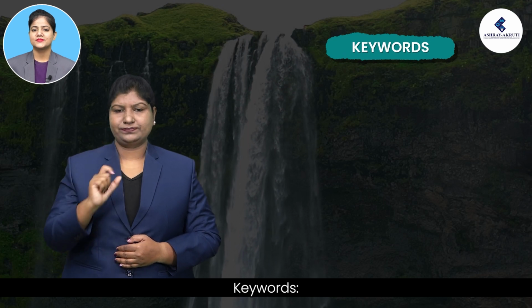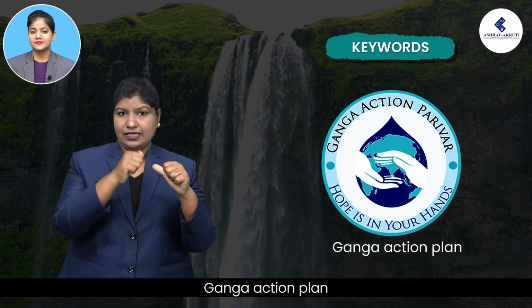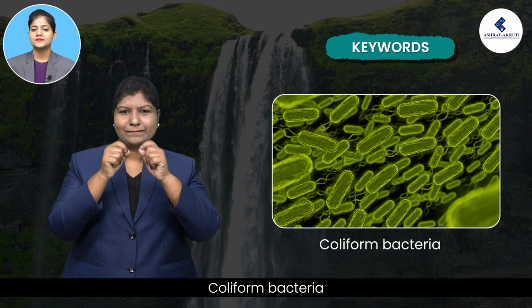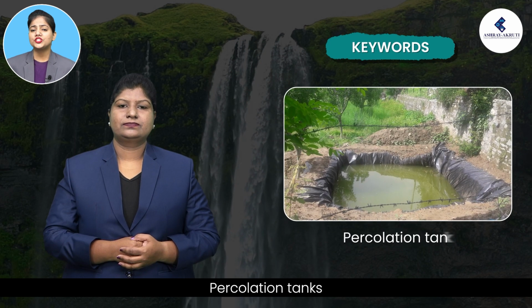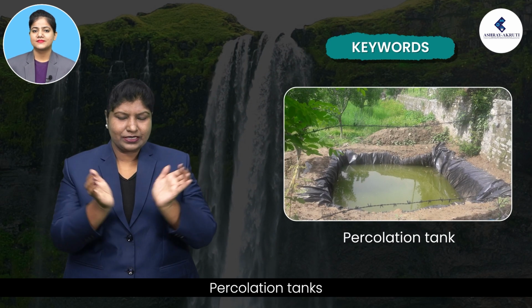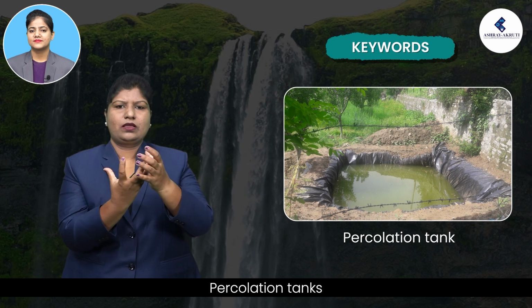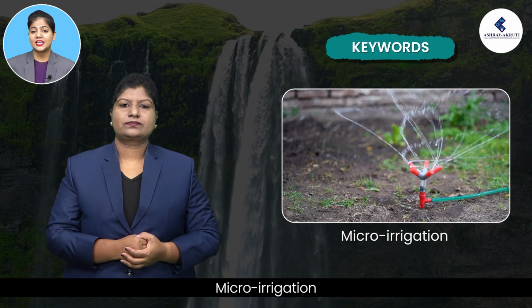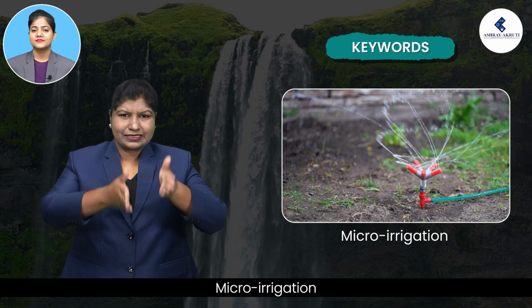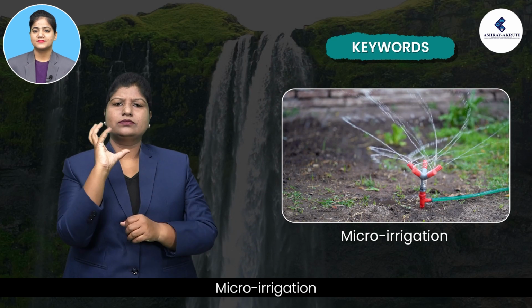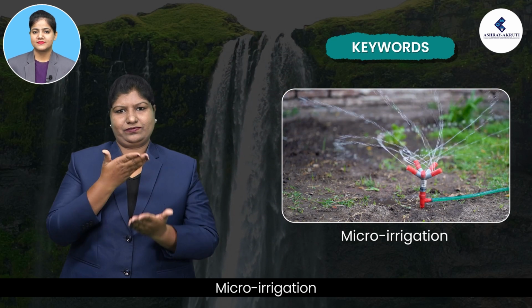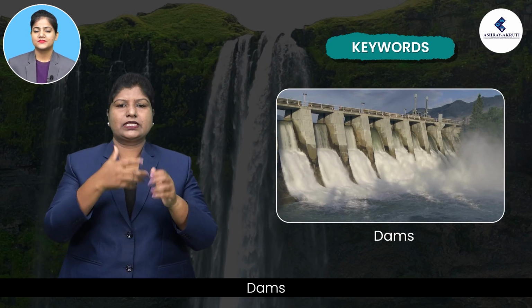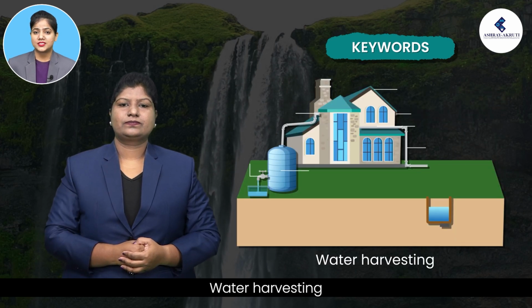Keywords: Ganga Action Plan, coliform bacteria, percolation tanks, micro irrigation, dams, water harvesting.